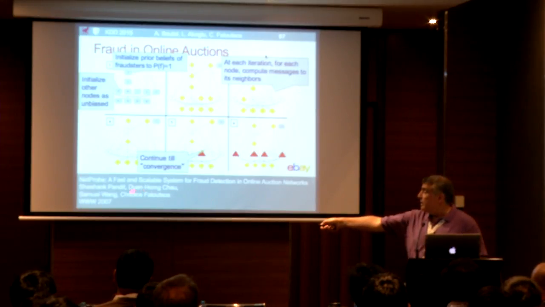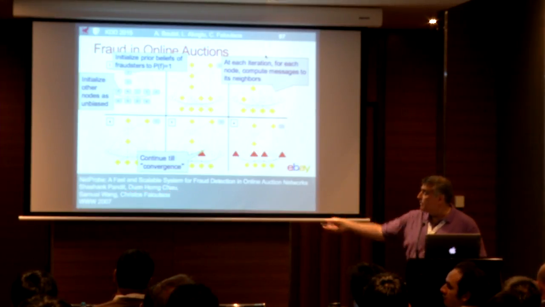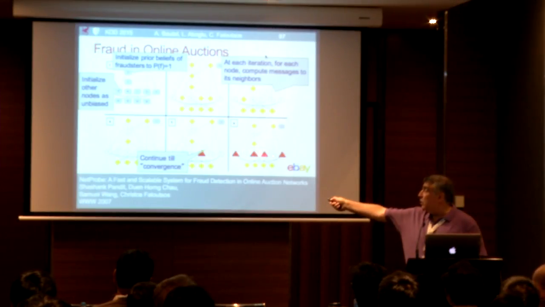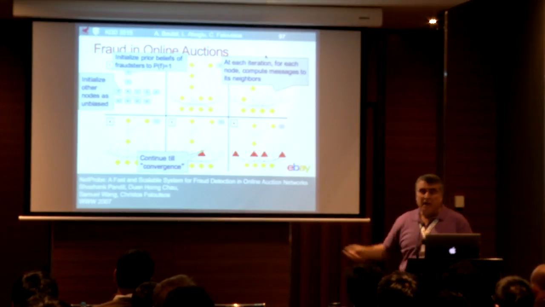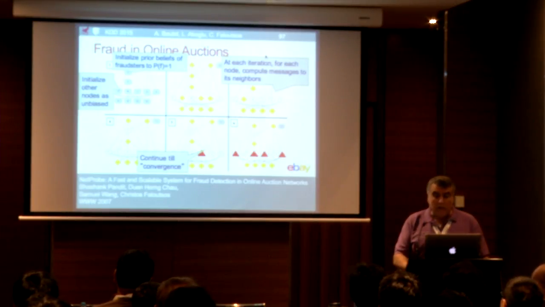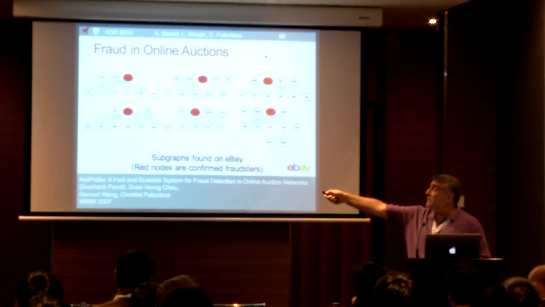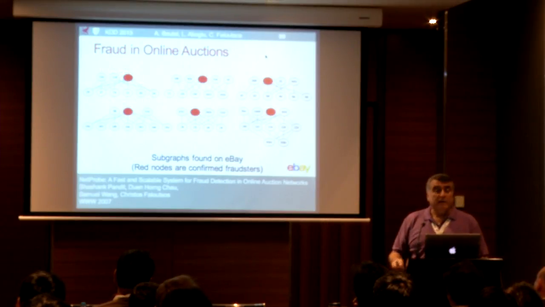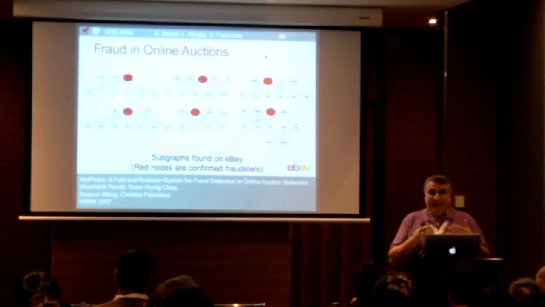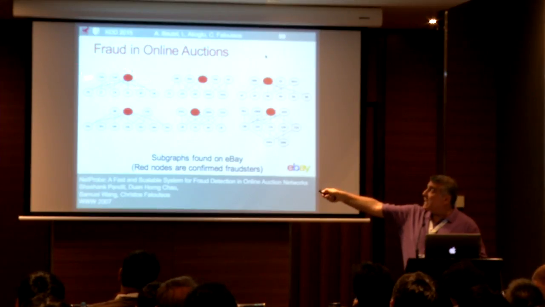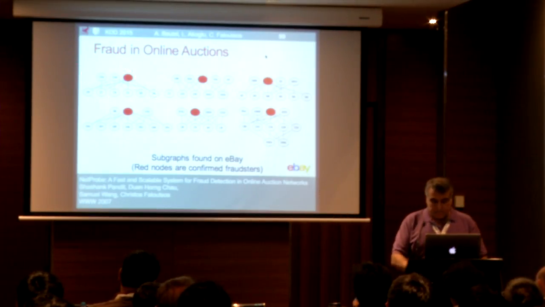Polo Chau, who is the main person behind this work, followed these accounts a week later, and most of them were shut down because there were too many complaints of non-delivery about them, right? These are bipartite cores that the algorithm spotted, and as we mentioned, bipartite cores are the telltale sign for this type of fraud. If we say bipartite core, these guys are accomplices, these guys are fraudsters, or the other way around.